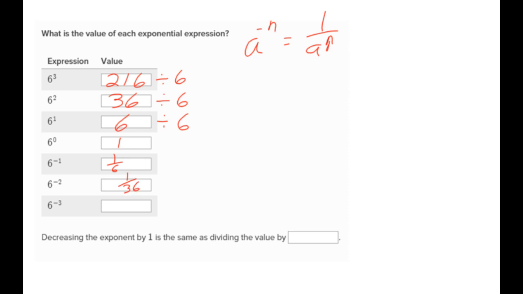And then 6 to the negative 3 is 1 over 216. If 6 times 6 is 36 times 6 is 216. All right, so then it says decreasing the exponent by 1 is the same as dividing by 6. Each time we divide by 6. Okay, let's take a look at another one.